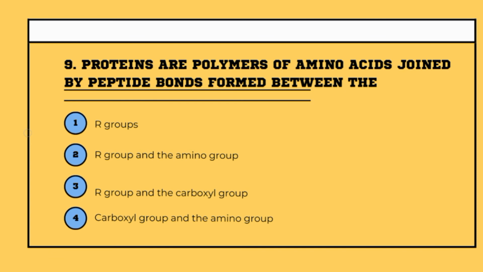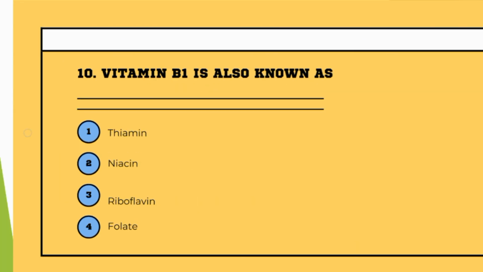Now the last question, question number 10. Vitamin B1 is also known as: 1, Thiamine. 2, Niacin. 3, Riboflavin. 4, Folates. What's the answer?